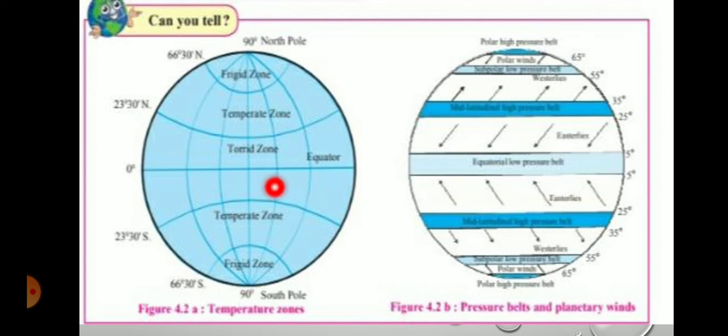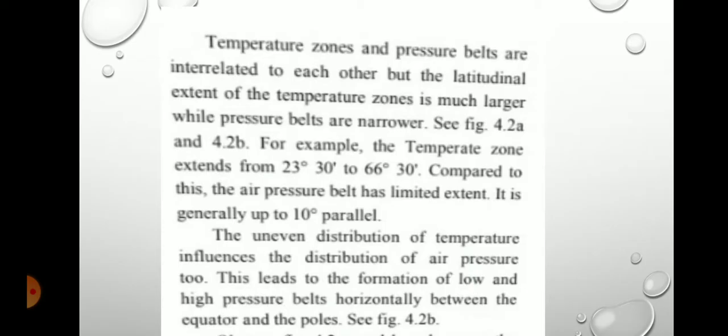These two diagrams, make them in your notebook and write these names: 90 degrees North Pole, etc. Temperature zones and pressure belts are interrelated to each other, but the latitudinal extent of the temperature zones is much larger, while pressure belts are narrower. See figure 4.2a and 4.2b.